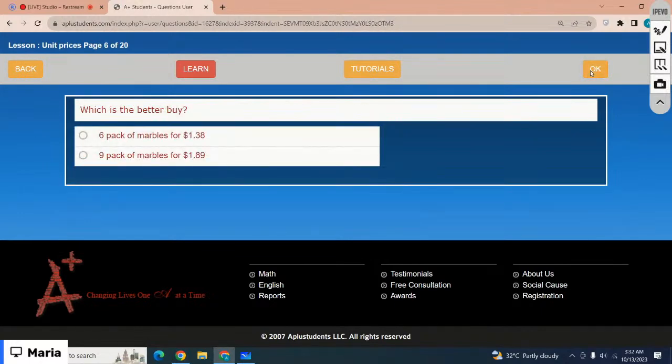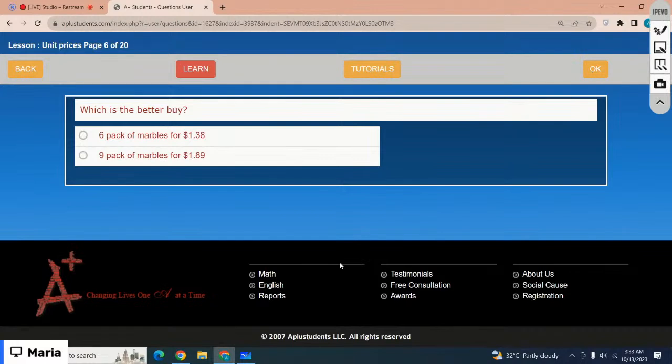Okay, the next one is, what is the better buy? A 6 pack of marbles for $1.38 or a 9 pack of marbles for $1.89? You need to find the best buy by calculating the unit price, right? The one that has the lower unit price is the best buy.